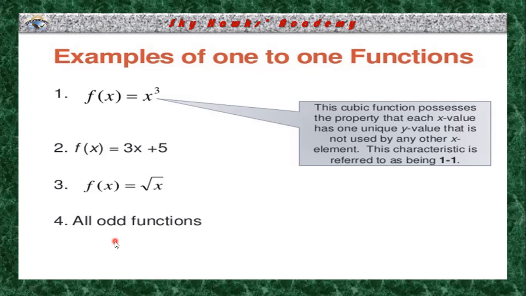So we can make the generalization that whenever an odd function is given, if the function is not even, then it must be 1 to 1.